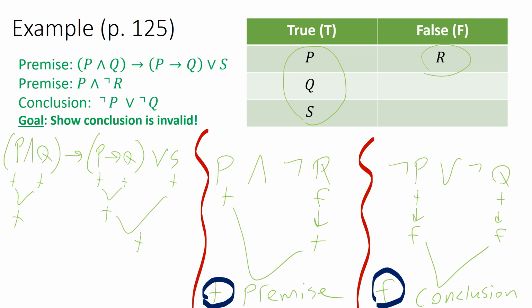And now we have this overall conditional. The antecedent is true, the consequent is true, so it's a true conditional. So it's a true molecular sentence, so we have a true premise. So we have a true premise, false conclusion. The argument is invalid. It's a little tedious to be sure, but it's not that difficult, and it definitely works, and it's a good way to show that an argument is invalid.